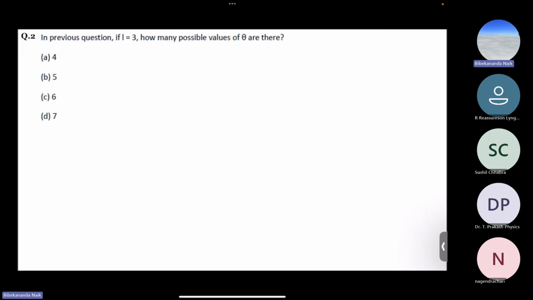Then let's consider the second question. Now, in the previous question, if l is 3, then how many possible values of theta are there?